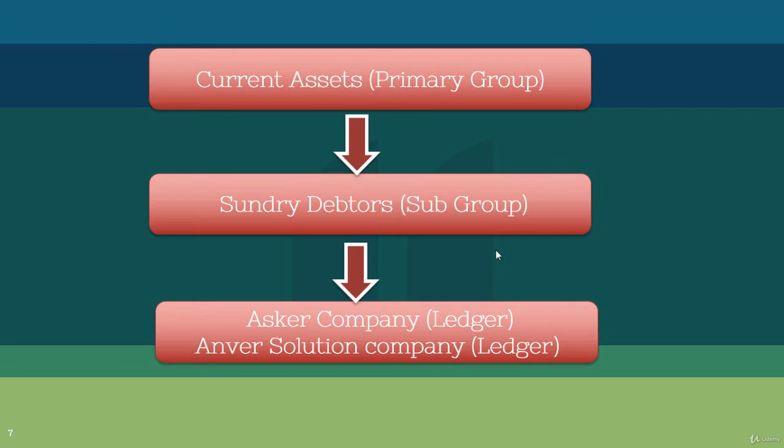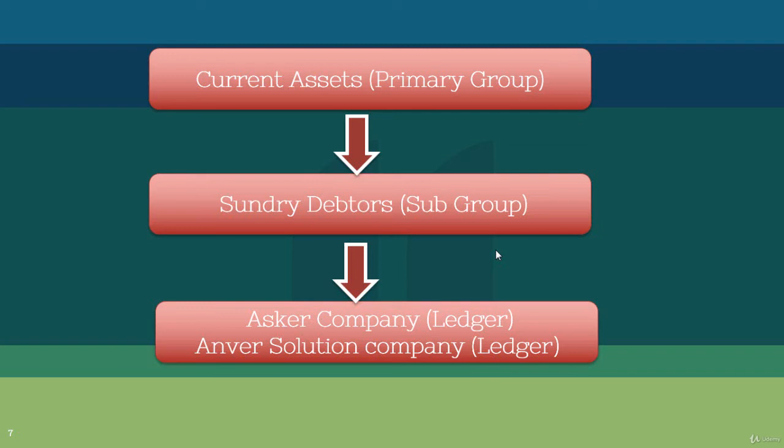So they created sundry debtors as a subgroup of current assets. And then the company needs to create ledgers based on the company's debtors. We can create Asker as one of our debtors. We have to create Asker company as our sundry debtor under the sundry debtors subgroup. As well, we can say Anwar Solution company is one of our sundry debtors.